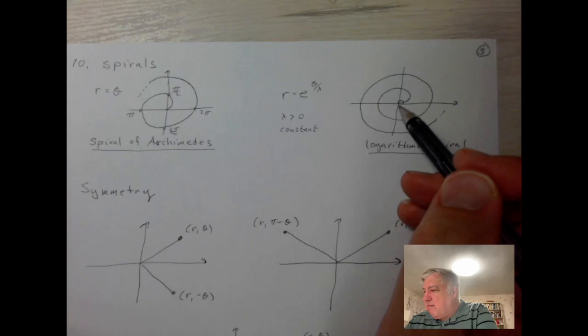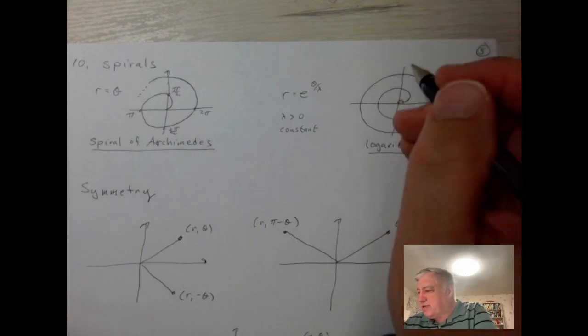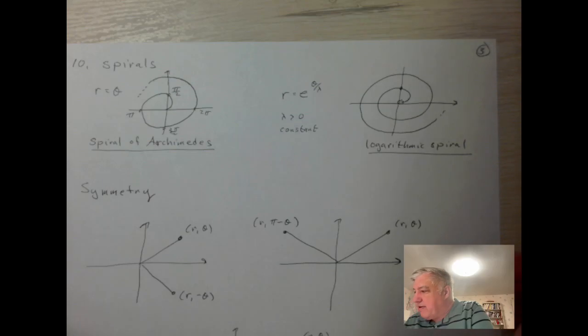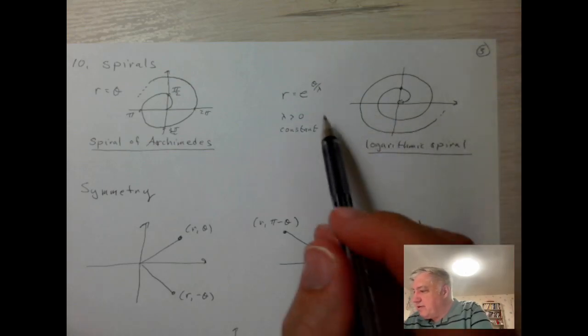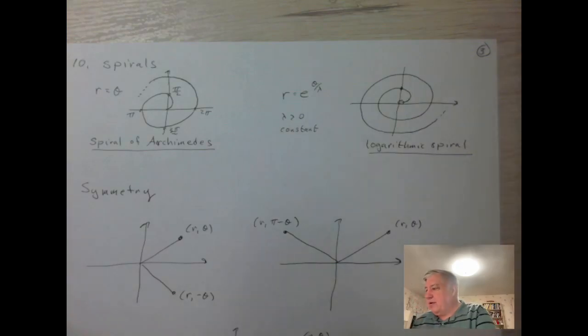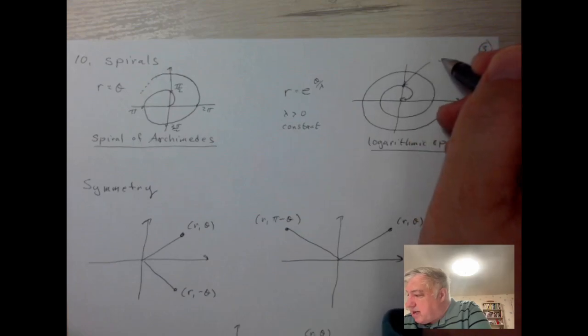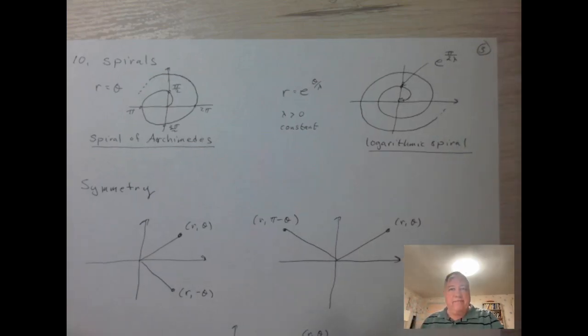So we have this open circle here, but it basically looks the same, except, for example, this would be pi over 2 divided by lambda. Or rather, the coordinate here would be e to the pi over 2 divided by lambda, so this would be like that. All right, so that's the logarithmic spiral.